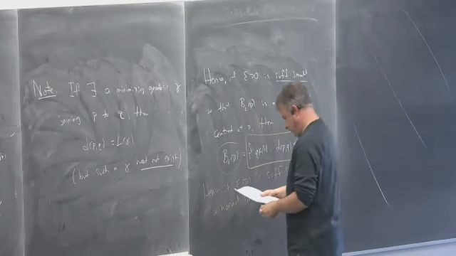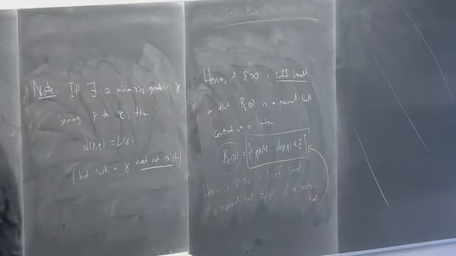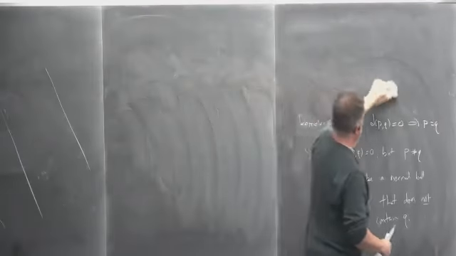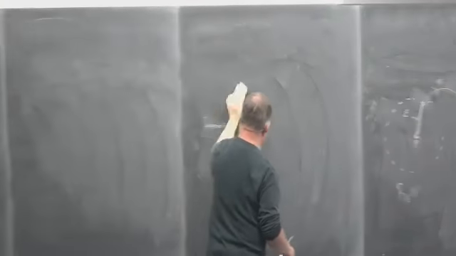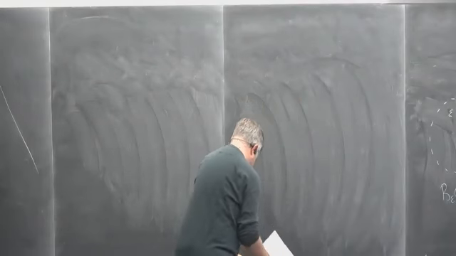Okay. So the corollary to this, and I think that's probably a good place to stop, is that the topology induced by this metric space metric is the same as the original topology. So let's see why that's true.